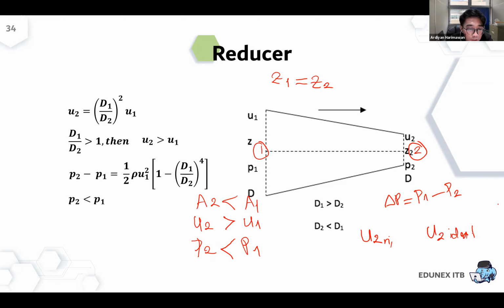If you have energy loss, but you have constant pressure difference, the velocity at point 2 will be higher or lower in non-ideal condition. Cherry, Gracia, are you there? Yes, sir. Okay. Can you try to answer?